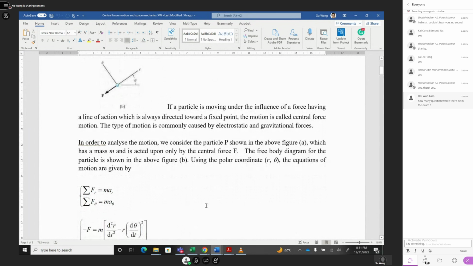From Newton's law, we get sigma Fr equals m ar and sigma F theta equals m a theta. What is ar? It is the radial acceleration, and it has two parts. One is from r changing, moving in this direction, so differentiating r two times gives the acceleration in this direction.